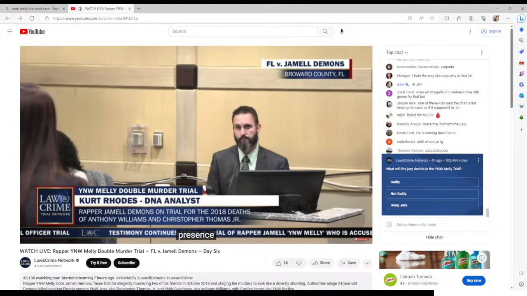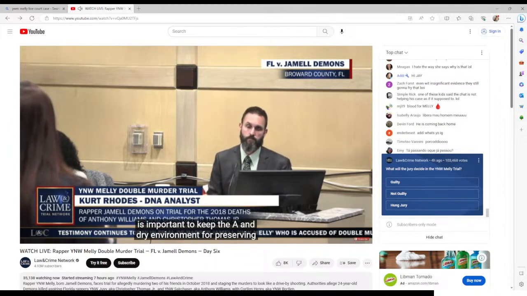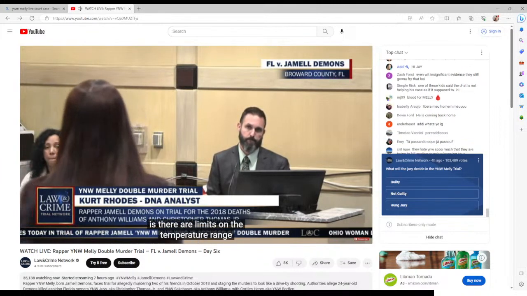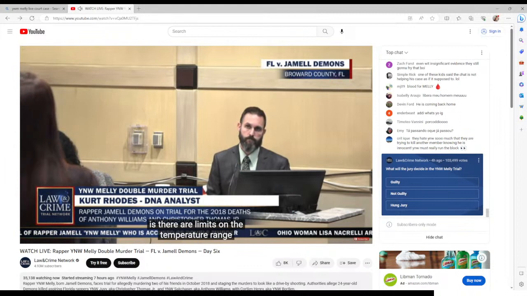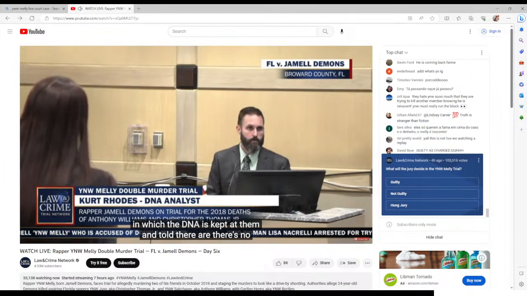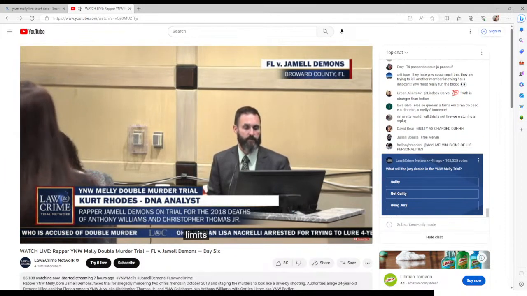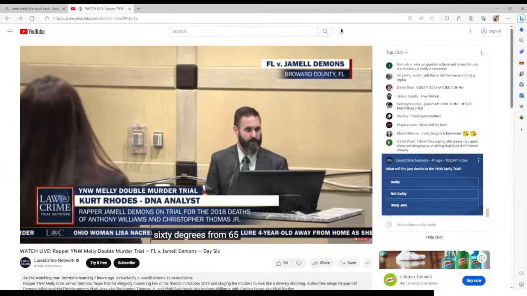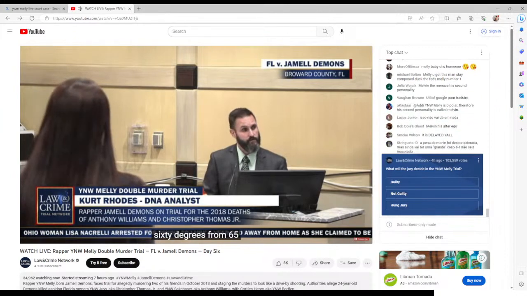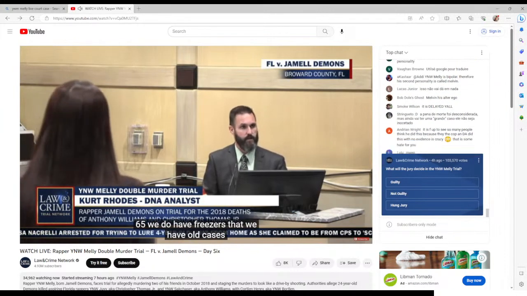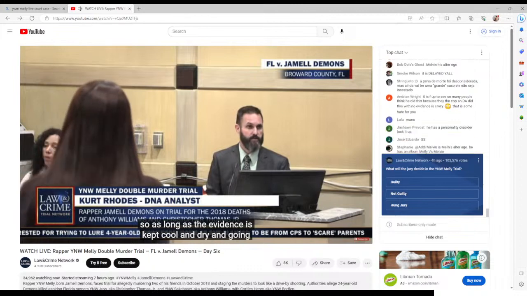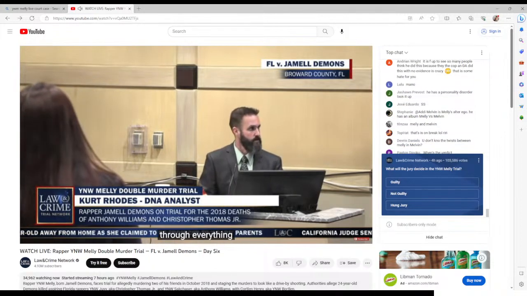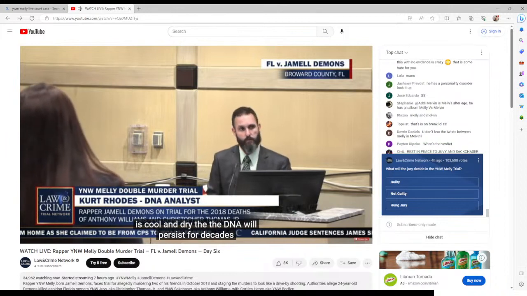Is it important to keep DNA in a dry environment for preserving it? Yes. Is there limits on the temperature range in which the DNA is kept at the evidence vault? There's no limits. The evidence vaults in laboratories are about 60 degrees, maybe 65. We do have freezers that we keep old cases in. So as long as the evidence is kept cool and dry, and being frozen is cool and dry, the DNA will persist for decades.